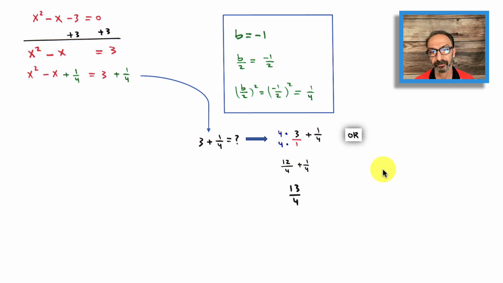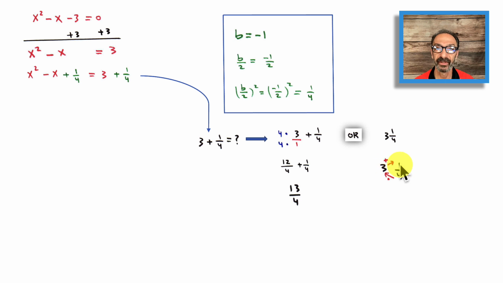Or you could do this. You could write 3 plus 1/4 as 3 and 1/4. That's the same thing. The way I say it, instead of plus, I say and. 3 and 1/4. Now, to make this from a mixed number to an improper fraction, we multiply 3 times 4 and we add the result to 1 and we put it on top. 3 times 4 is 12.